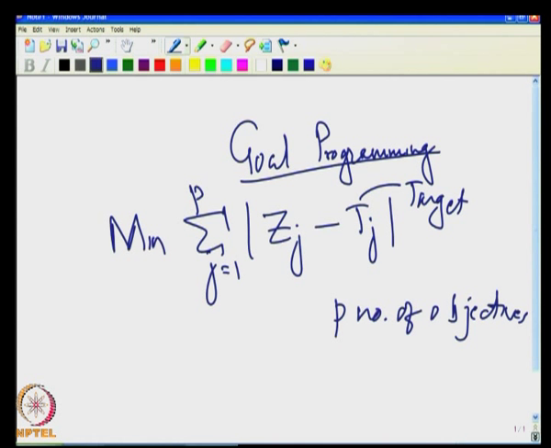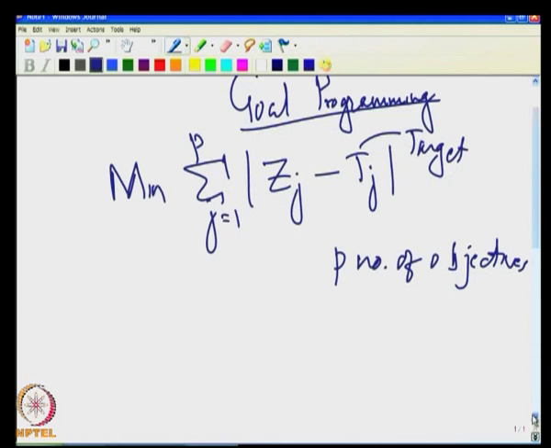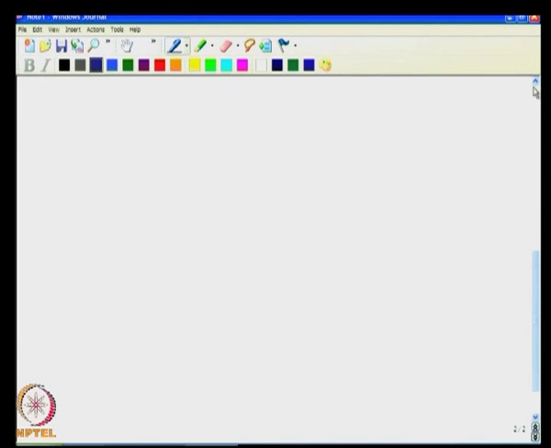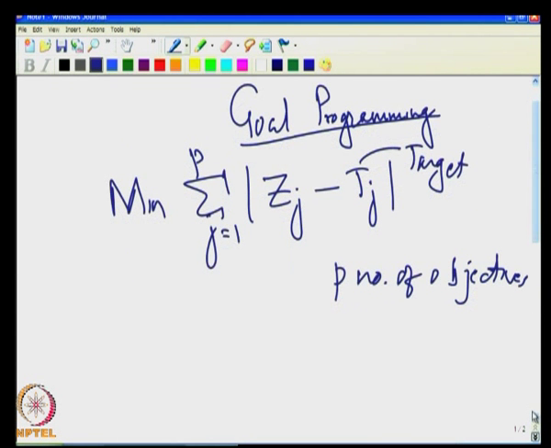Now, there is also something called satisficing. These are just the methods that you must be aware of as existing. Satisficing.